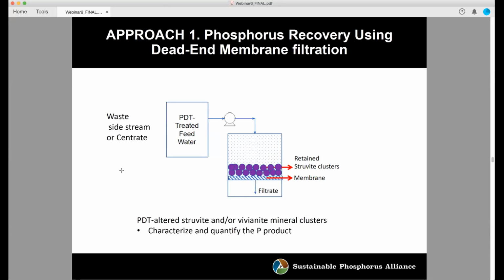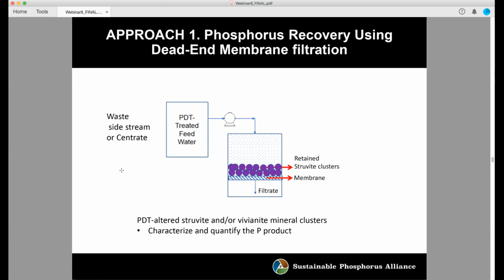One is using this particle descaling technology to transform soluble phosphorus into particulate phosphorus. And this technology is commercially successful, and it has been shown to transform inorganic compounds or soluble inorganic species into particulate species.